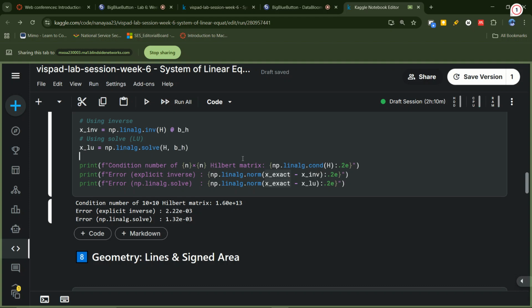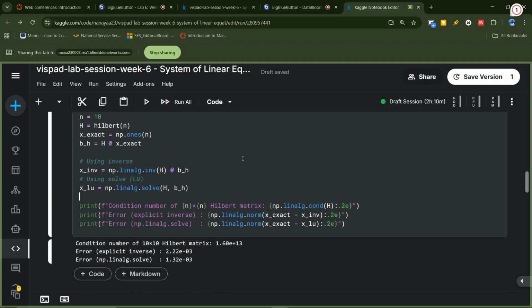So what is all this trying to do? It compares a solution computed using the matrix inverse, this over here, and it also computes a solution using np.linalg.solve, this method over here, which is LU.